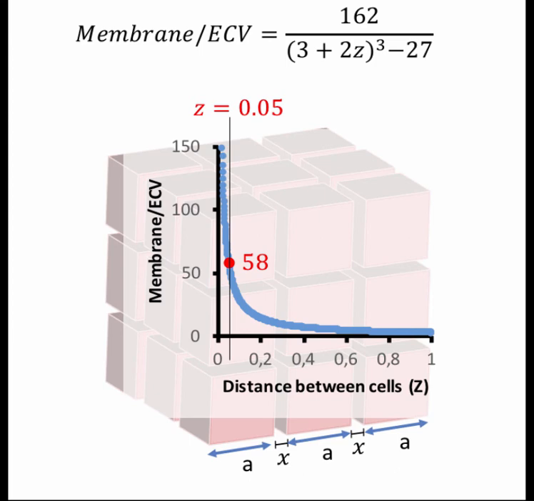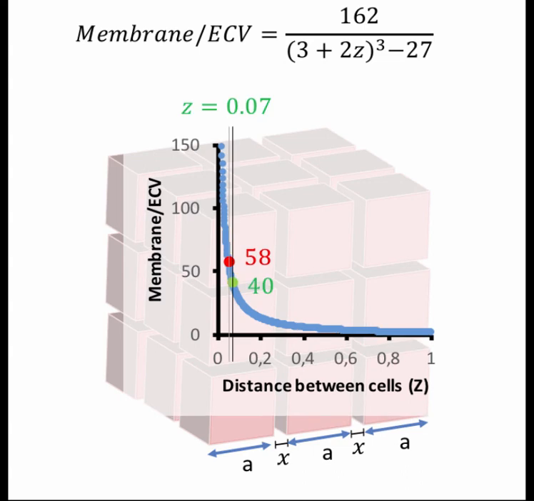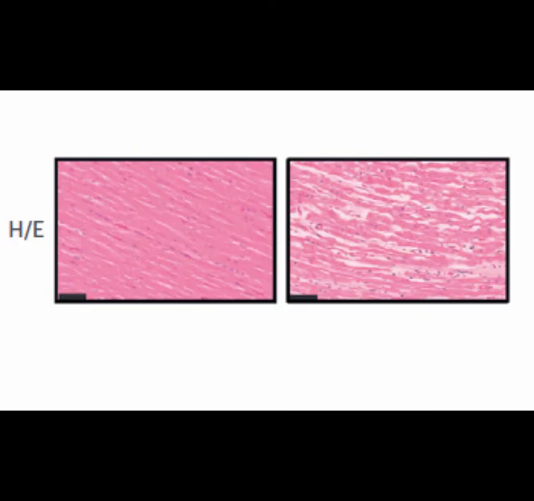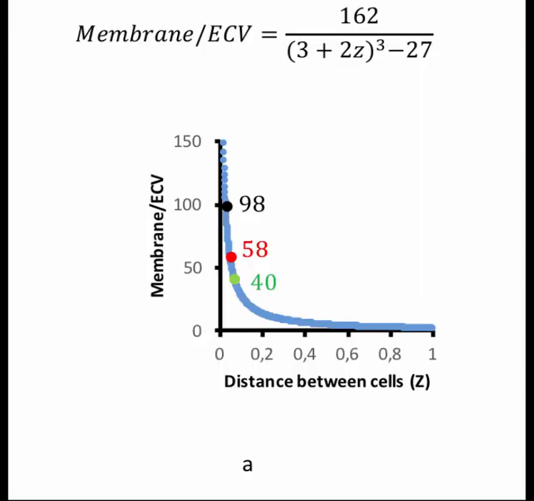Even the smallest change in distance between cells results in a large change in the relation between unit membrane surface and unit extracellular volume. That is, if cells are separated by a local edema, the expected efficiency of the local clearance of troponin will drop exponentially and possibly result in a reciprocal increase of stable troponin levels in the circulation.